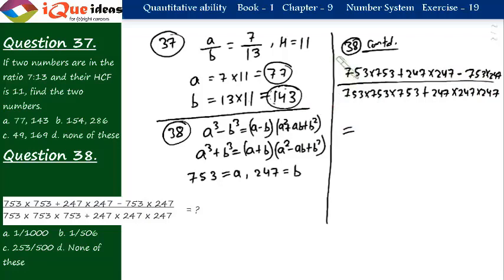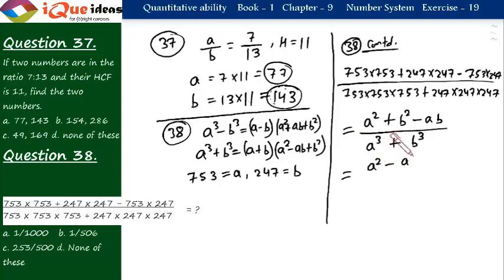So this expression becomes, look at this, we have taken 753 to be A. So 753 into 753 becomes A square plus 247 into 247 becomes B square minus 753 into 247 becomes A into B. Now 753 into 753 into 753 becomes A cube plus 247 into 247 into 247 becomes B cube.